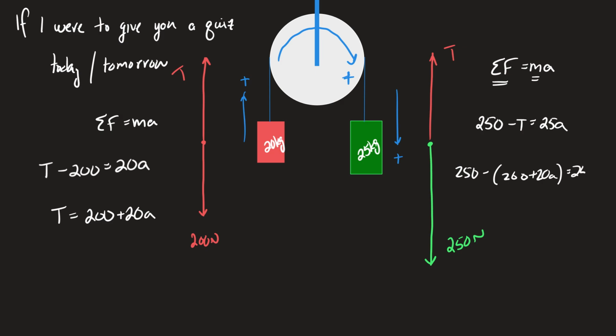But do whatever you need to do for your algebra. If I do it this way, distribute the negative sign, add 20a to both sides, and subtract 200 from 250.